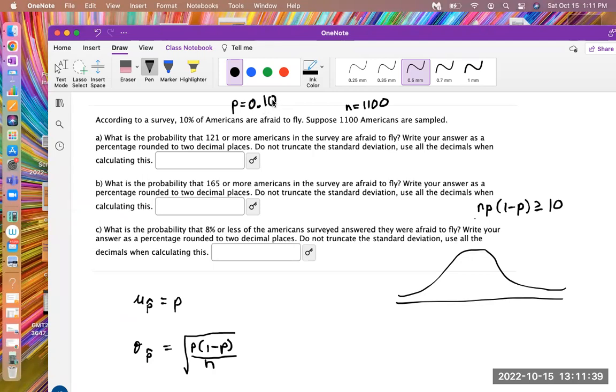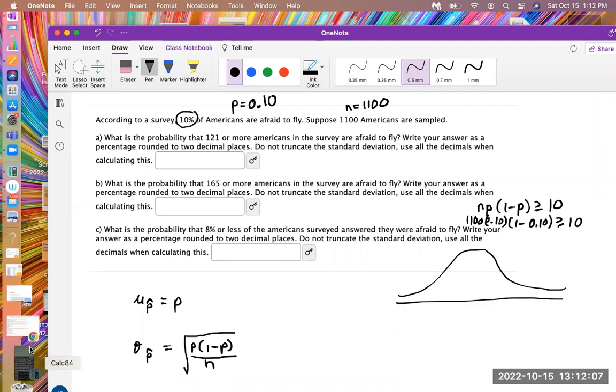The last zero is not important, but it shows that I turned the 10% into a decimal, and that's where that P is coming from. So I'm going to plug in 1,100 and 0.10, and then 1 minus 0.10, and see, is that greater than 10? Hopefully it is.